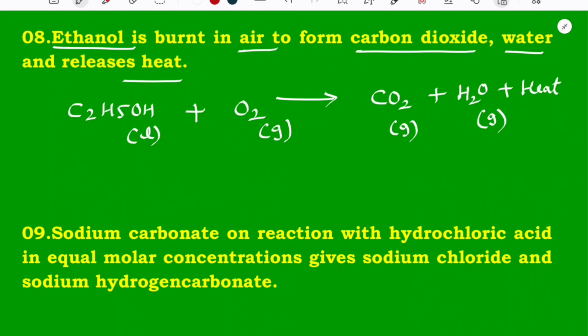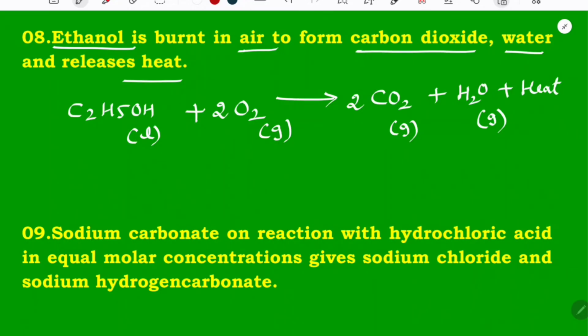Now we should balance the equation. How many carbons on this side? 2 carbons. I will try adding 2 here. Hydrogens how many? 4. How many hydrogens here? 2 into 2. Oxygens 4, 5. So 5 means I will put 2 here. So oxygens are balanced.